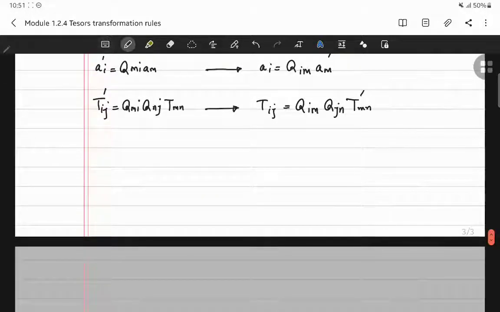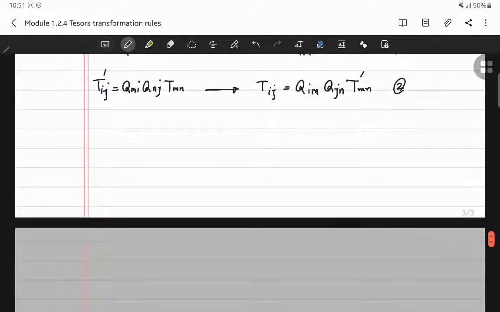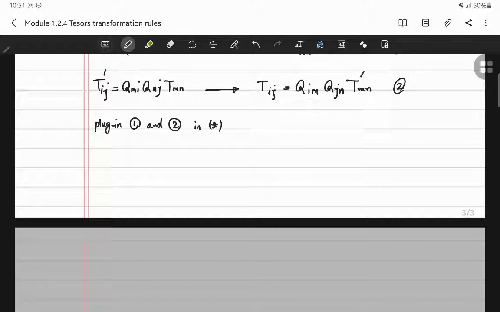So if I plug in, let's say, 1 and 2, because I can control the numerators, so plug in 1 and 2 in star gives.